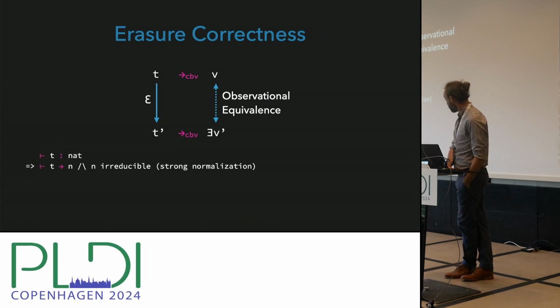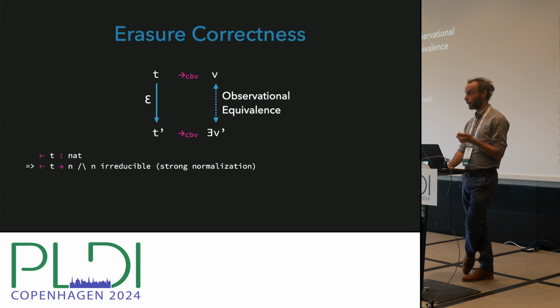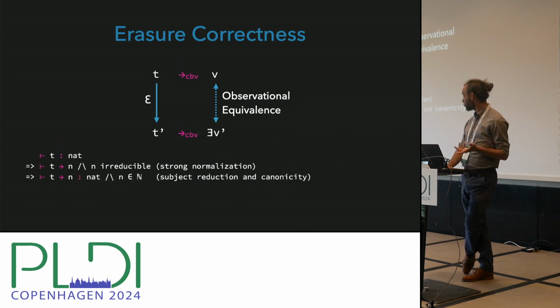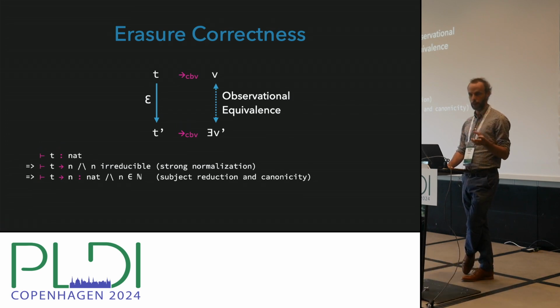And from this, along with all the metatheory we've proven in MetaCoq, we can show that if you have a closed term of type natural number, thanks to strong normalization, it reduces to an object n, which is irreducible. And thanks to subject reduction, it's also a natural number. And thanks to canonicity, it's necessarily one of two cases, either 0 or a succession of successors applied to 0.